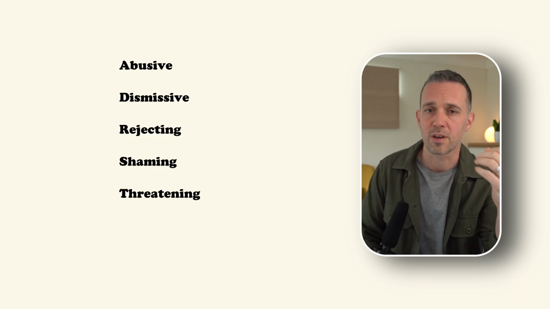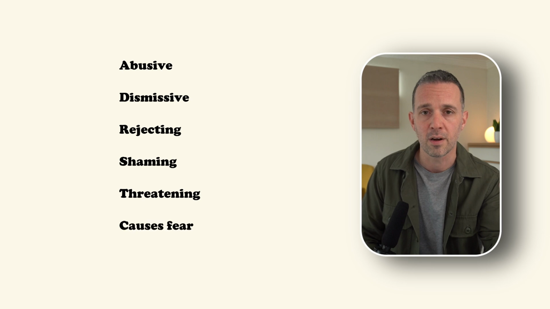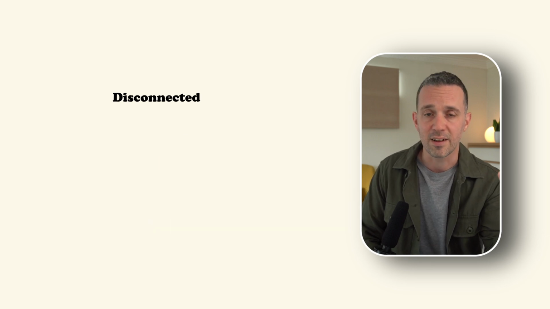However, if this relationship between the caregiver or the parent becomes a source of trauma, so if a parent or a caregiver responds to a child in a way that is abusive, that is dismissive, that is rejection, that is shaming, that is threatening, it causes the child fear, or it's disconnected.